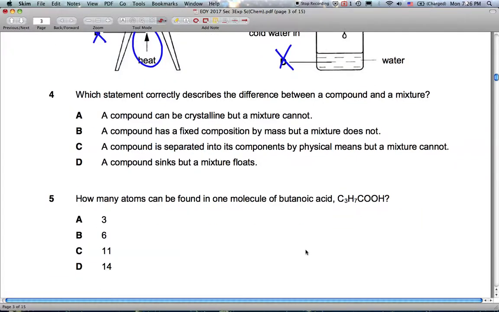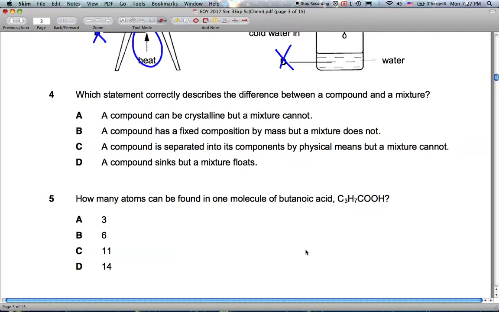Question 4. Which statement correctly describes the difference between a compound and a mixture? So let's take a look at the options. A compound can be crystalline, but the mixture cannot. So this is not really the main difference. B, a compound has a fixed composition by mass, but a mixture does not.